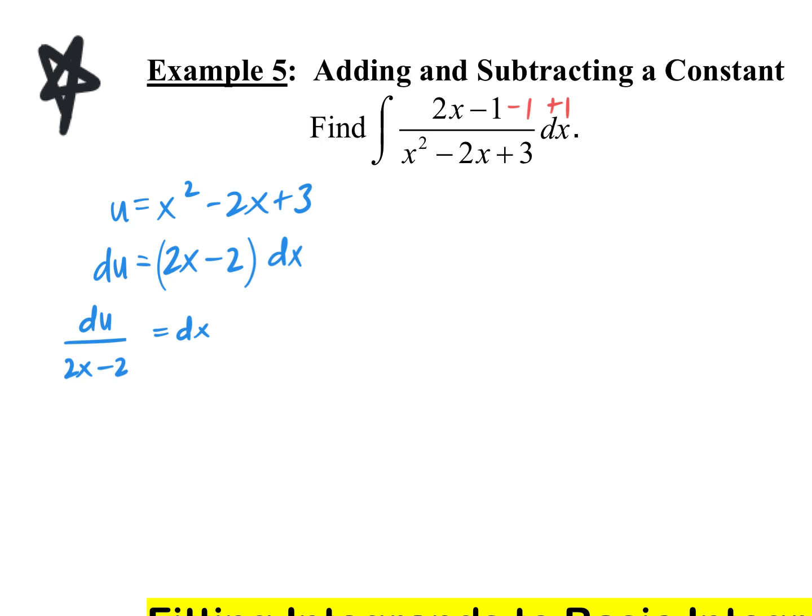And I'm going to show you how I can actually change this integral. So I'm going to rewrite this as the integral of 2x minus 2 divided by x squared minus 2x plus 3 dx. That is technically all of this stuff.